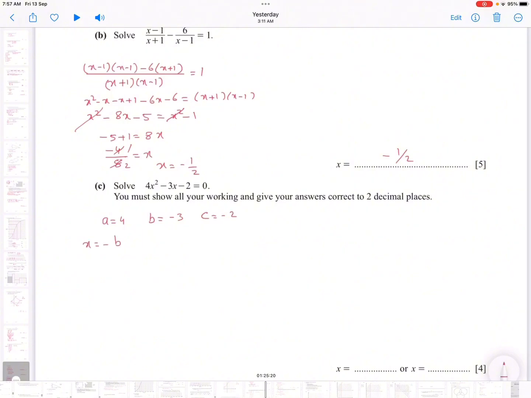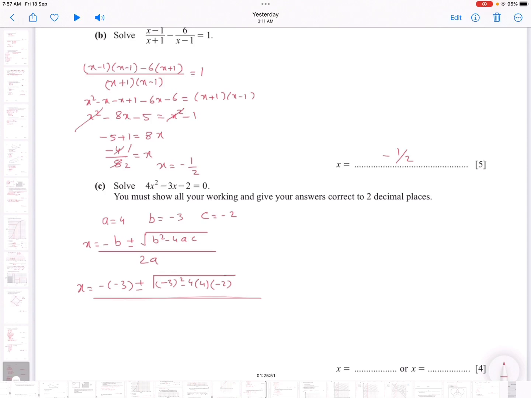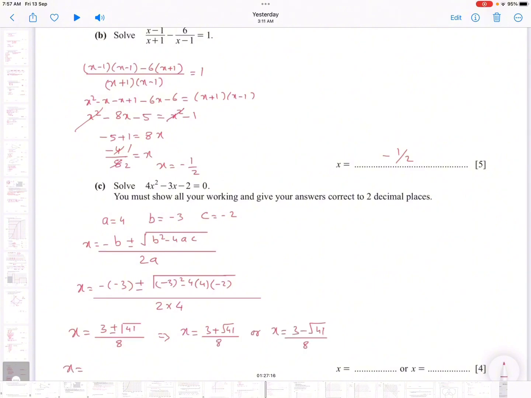The formula is x equals minus b plus or minus the square root of b squared minus 4ac, all over 2a. Now place the values and simplify it. Your x is 1.17 or negative 0.42.